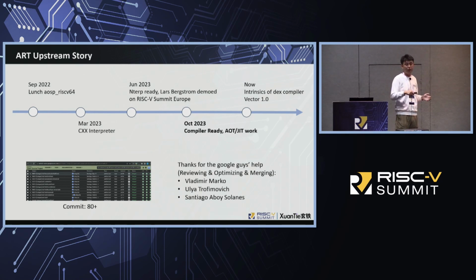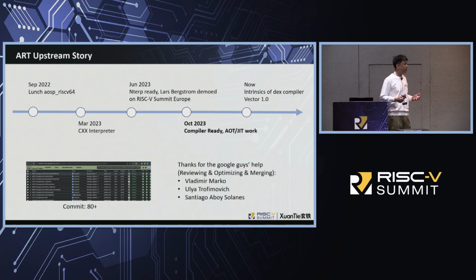And in October, just 3 weeks ago, we finished the compiler, and when the compiler is ready, the AOT and the JIT can all work. That means if you download this AOSP again and try the demonstration again, you will get a better experience.